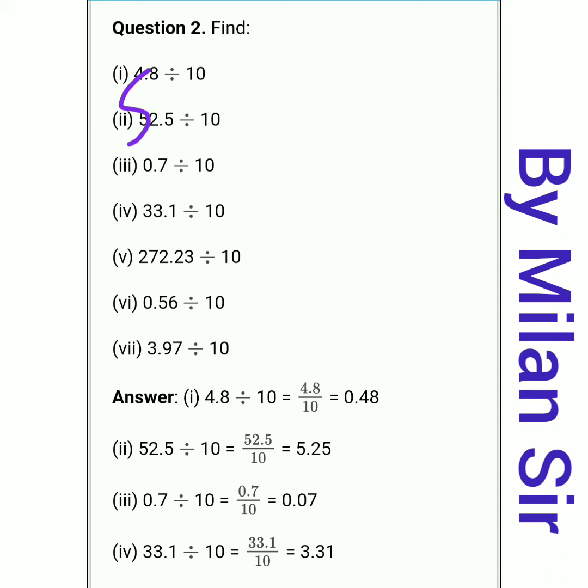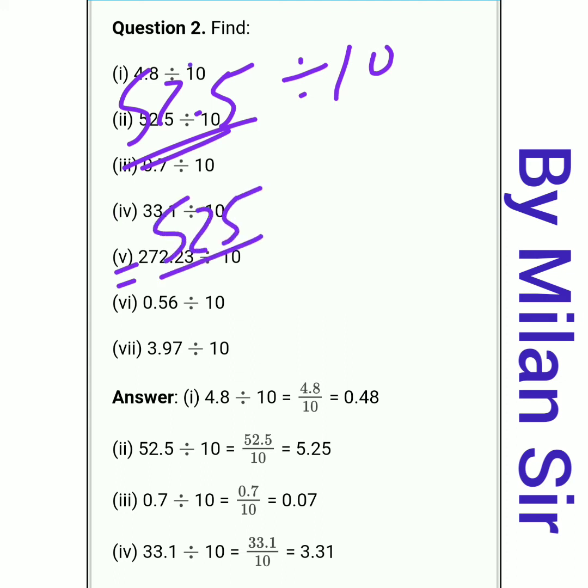Again, 52.5 divided by 10. First of all we ignore the decimal point, so 525. Here after the decimal point one digit is there, so in the denominator we write 10. Then we convert this division into multiplication, and we take the reciprocal of the second number.